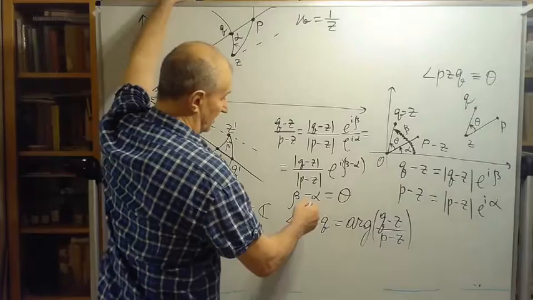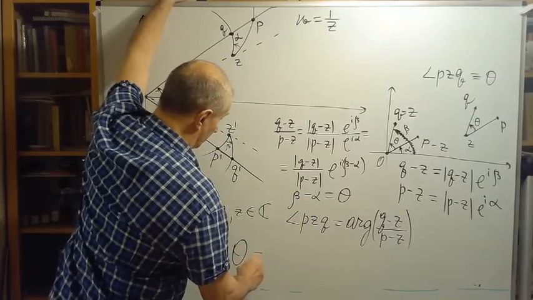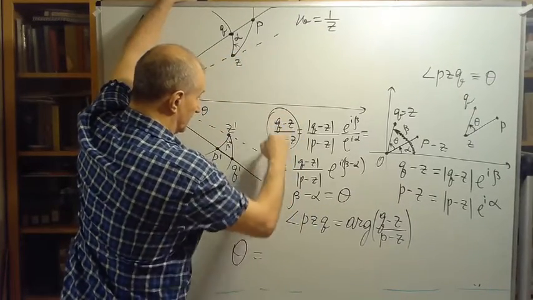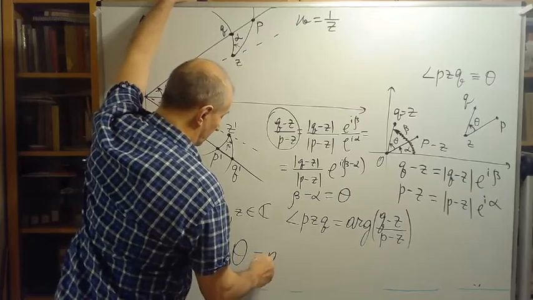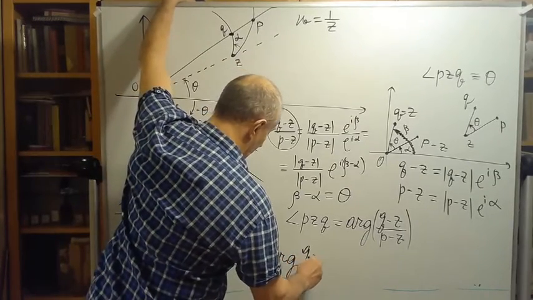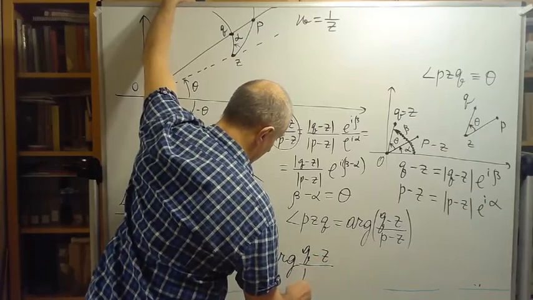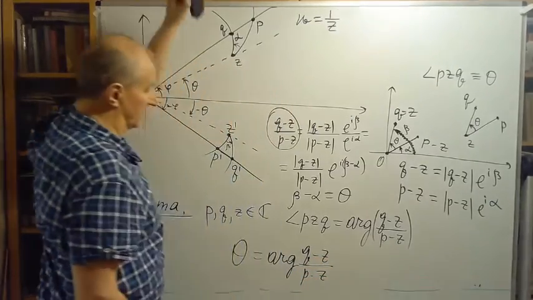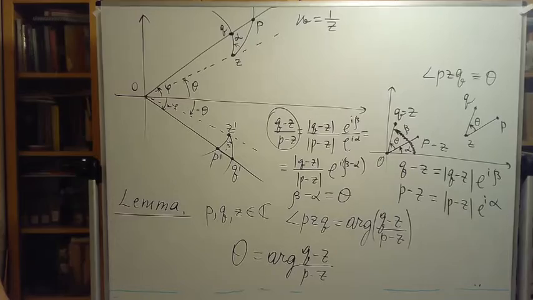And beta minus alpha is exactly theta. So indeed, angle theta is the argument of this number, right? Angle theta is the argument of Q minus Z over P minus Z. That's what we are going to prove in this lemma.